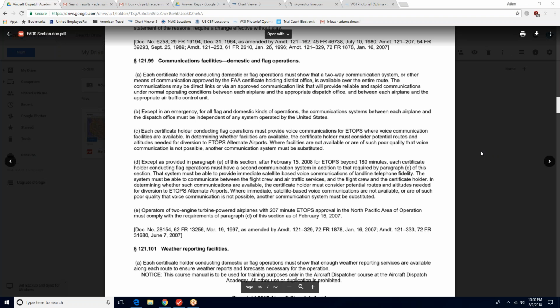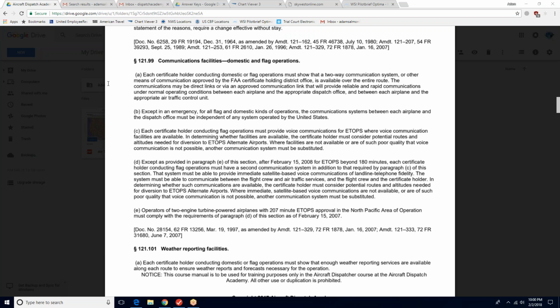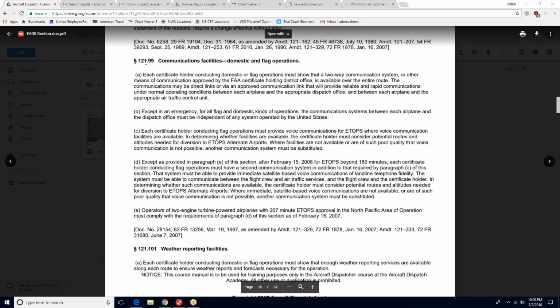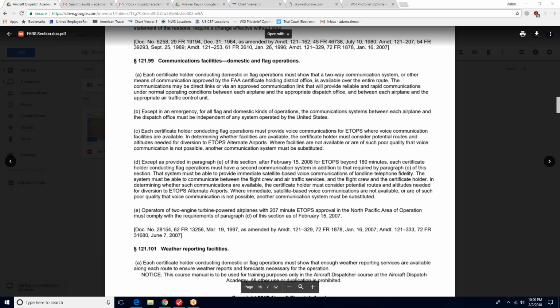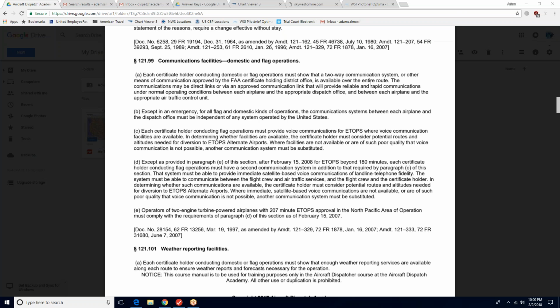Okay, just reading that first paragraph through, to sum this up, in order to operate a 121 flight, the FAA is telling us that we need to have constant two-way communication available to us at all times over the entire route, and that it needs to be reliable and rapid.